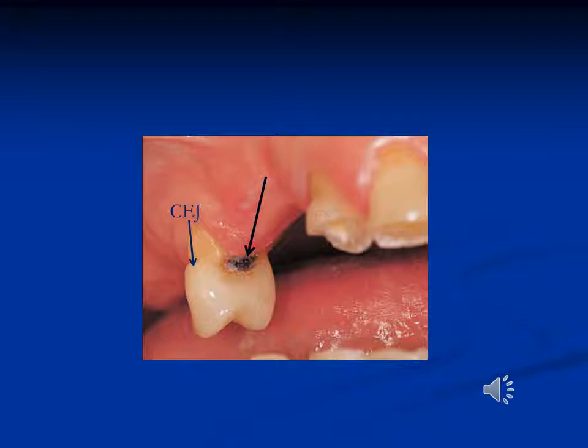Gingival recession means the gingiva receded and exposed part of the root to the oral cavity, and therefore the lesion developed on the root portion of the tooth.